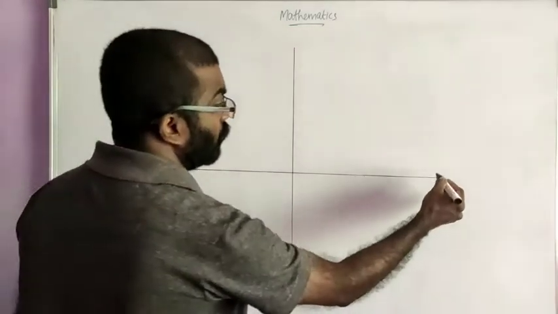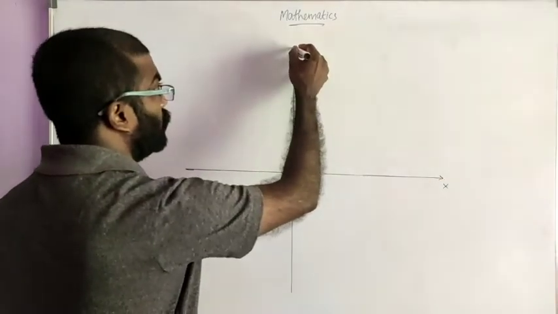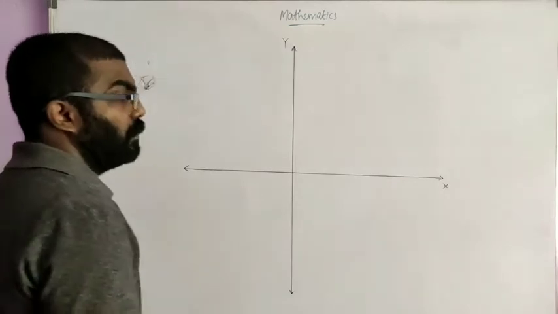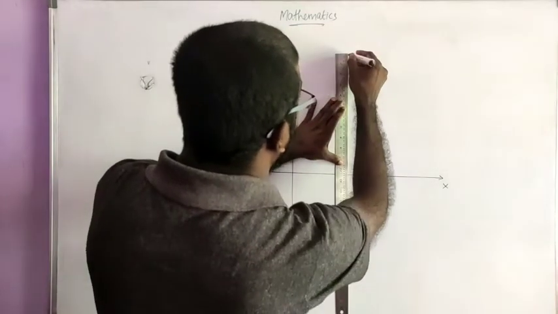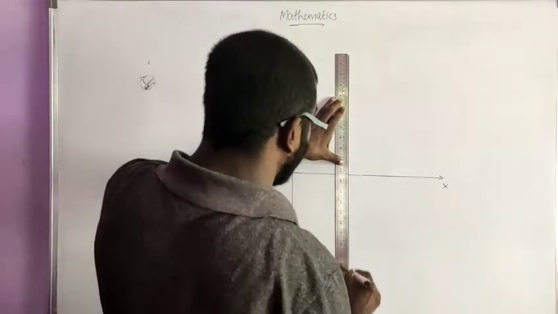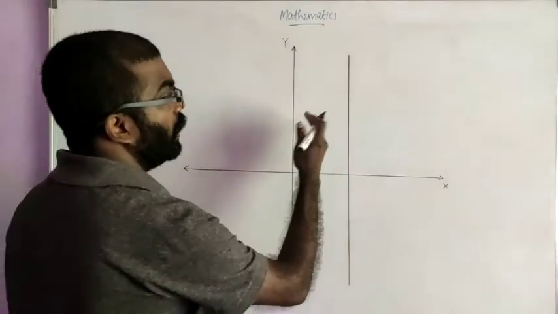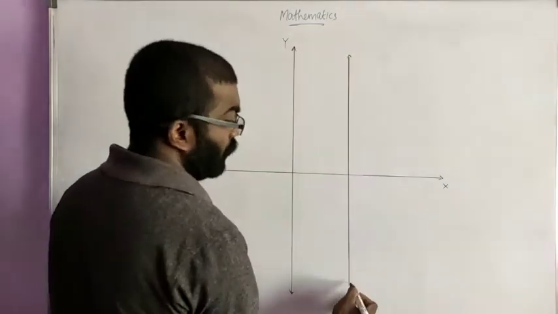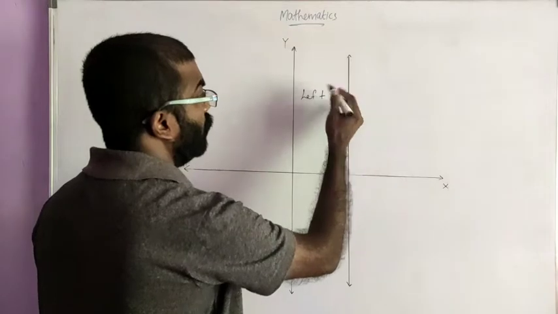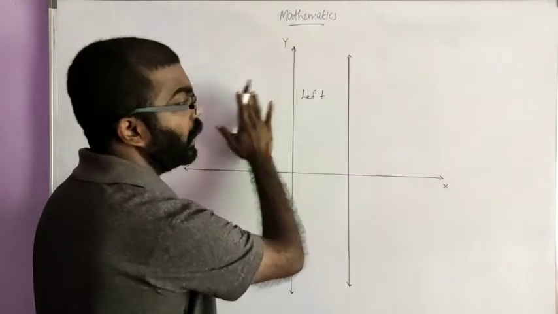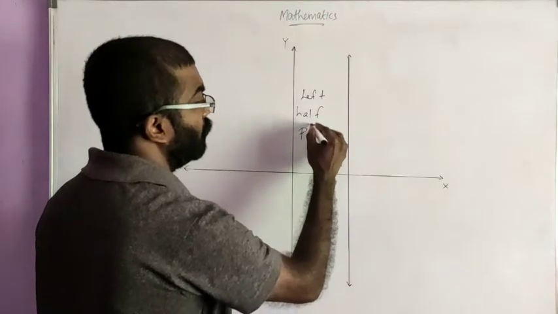So consider this as a Cartesian plane. So x-axis and y-axis, and if we draw a vertical line like this, it divides the plane into left and right half plane. On the left side of the line, this plane is known as the left half plane.